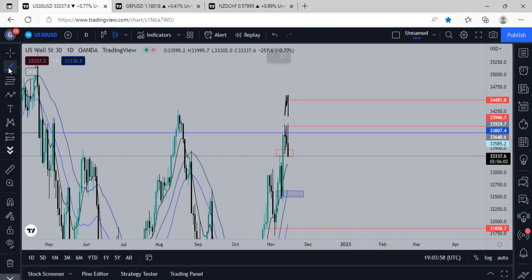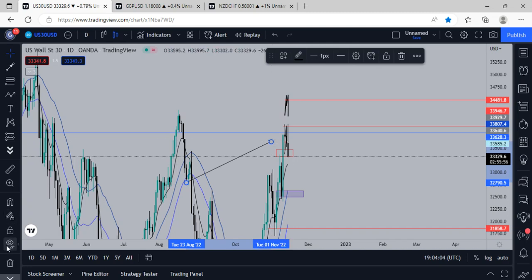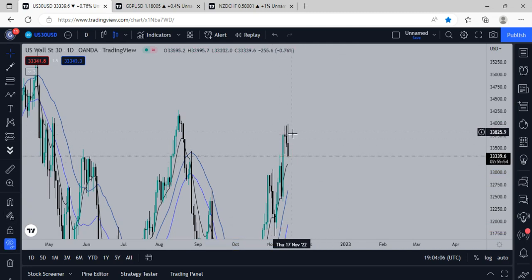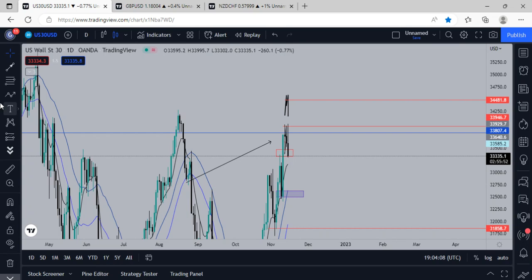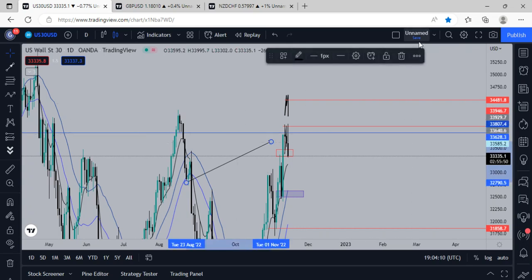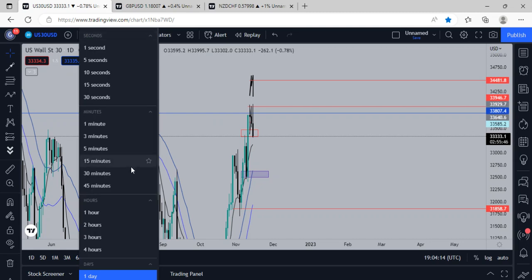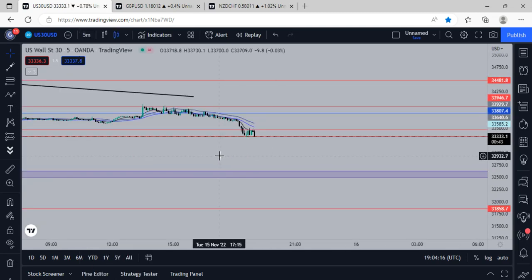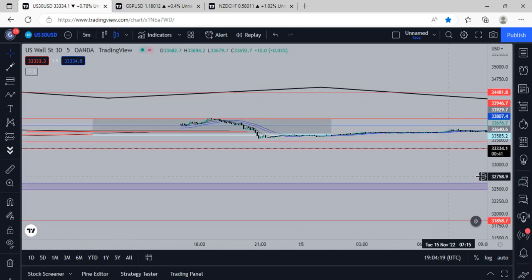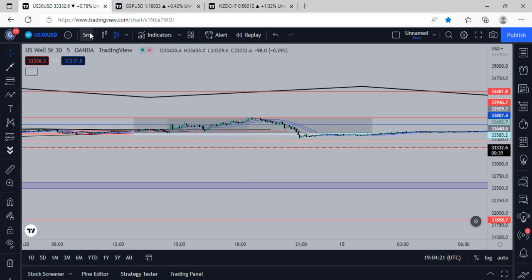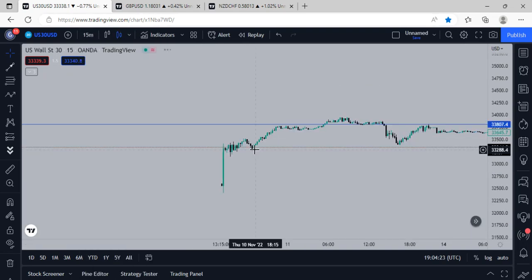We said that this is a resistance area, and price rejected this area by giving us a shooting star, a candle confirmation at a resistance point. So that signifies a reversal. Then if you head to the lower time frame, let me just go to the 15 minutes.